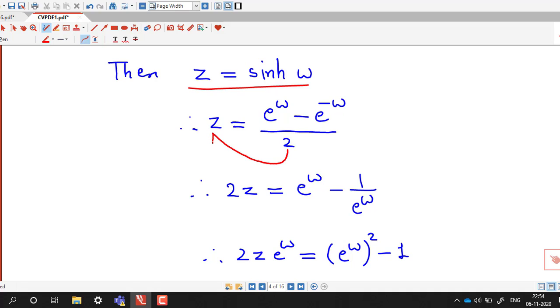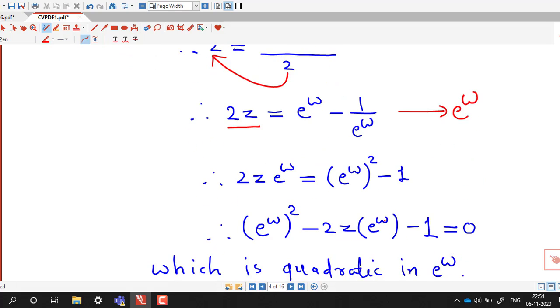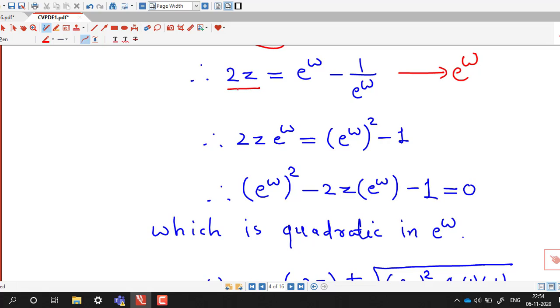Now this 2 we transfer to the left hand side, so we have 2Z equal to e raised to W minus e raised to minus W, and e raised to minus W is written as 1 upon e raised to W. Now we multiply this equation by e raised to W, so we obtain 2Z e raised to W equal to e raised to W square minus 1.